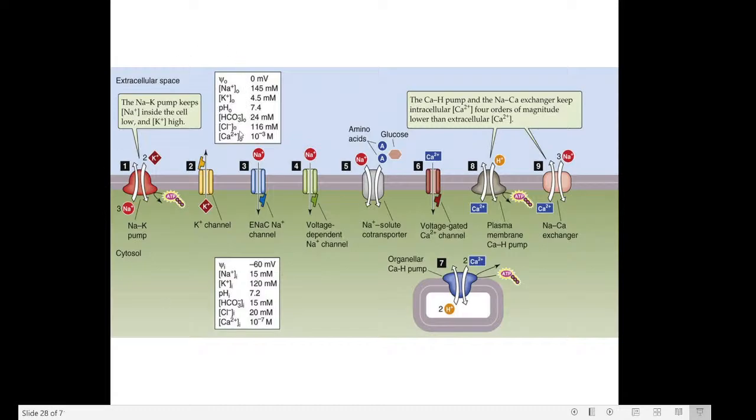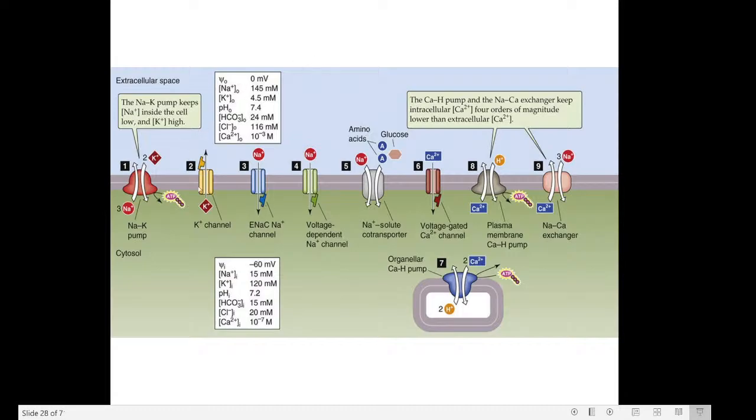Please note it down: the psi value, sodium ion, potassium ion, pH, carbonate concentration, chlorine concentration, and calcium concentration. These are all very important at the cell surface, in the cell interior, and on the outer part.